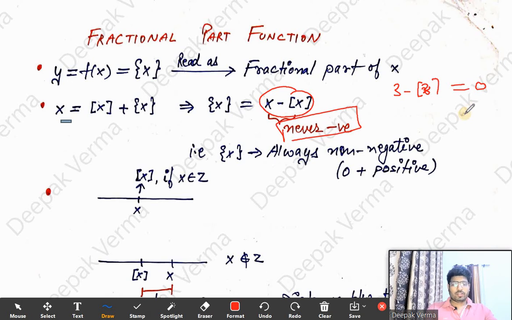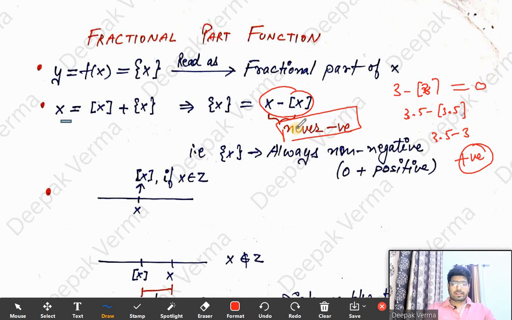What do we call 0? A non-negative number. Now if we take another value of x, let's suppose 3.5, then 3.5 minus [3.5]. The answer will be 3.5 minus 3, since [3.5] equals 3. Here again we get a positive outcome.